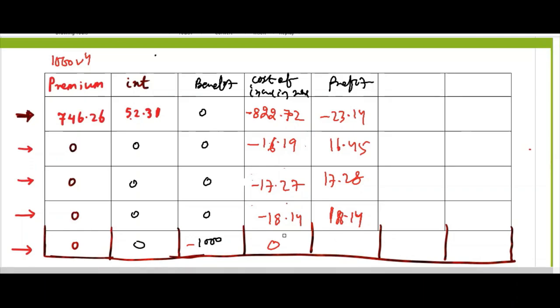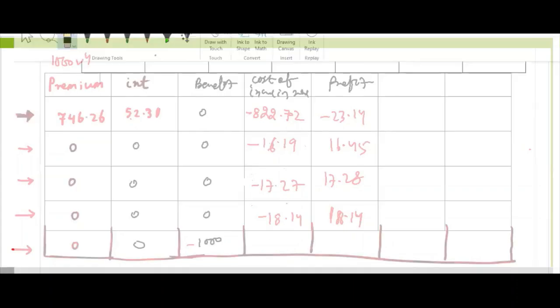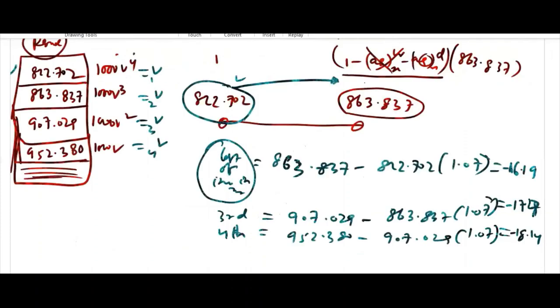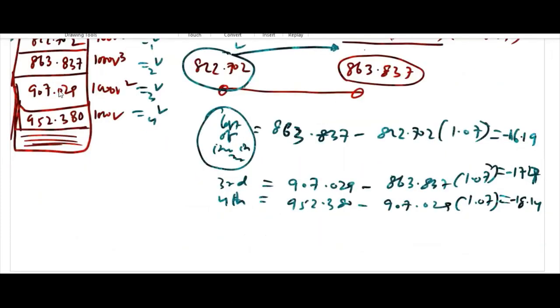So this last one is not 0 here because we are not writing reserve, we are writing cost of increase in reserve. What is the cost of increasing reserve in the last year? Now in the last year, what will happen? If you solve problems, you have reserve 952.380.